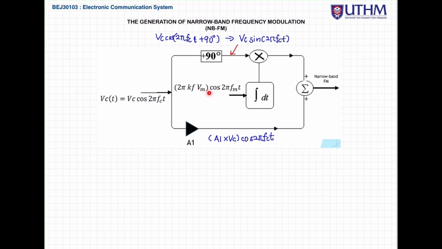For the modulating signal, Vm(t) is routed to the integrator. This is the integrator block diagram; let's say point A, point B, and point C. What happens at point C?